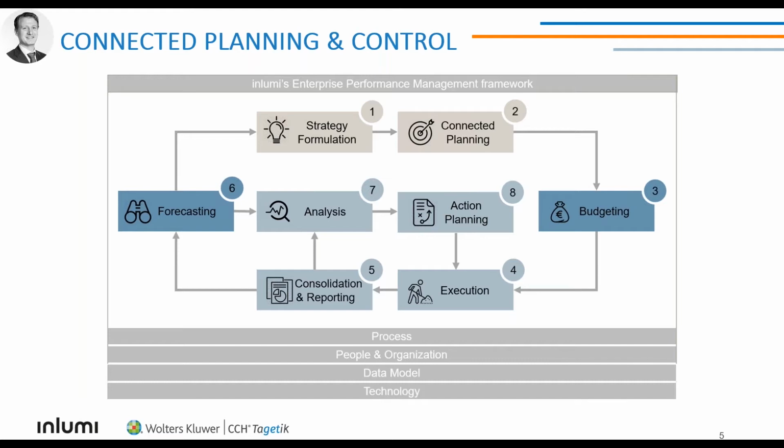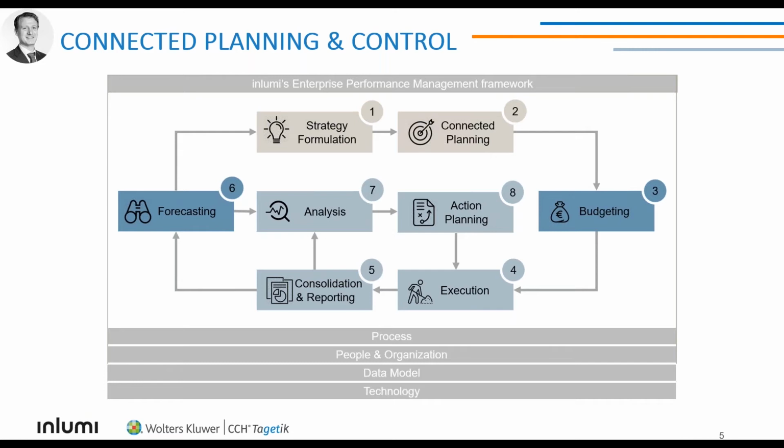So we believe that you should carefully decide whether to choose point solutions for specific parts of your planning and control cycle, for example, budgeting or consolidation, reporting, forecasting or analysis, or make use of a connected and integrated platform.